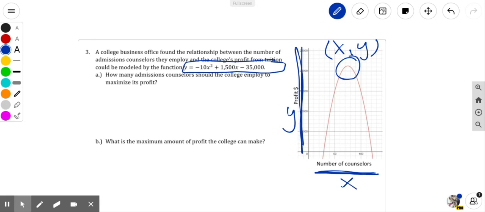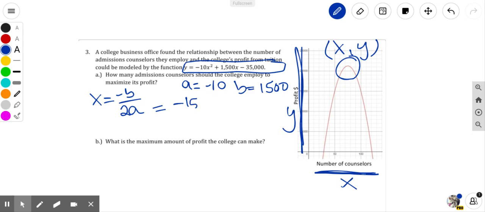And so what you're going to do is negative B over 2A. In order to do that, you have to identify A, B, and C first. So A is negative 10. Well, really, we just need A and B, because C is the y-intercept, and B is 1500. So it's going to be negative B, so negative 1500 over 2 times A, which is negative 10.